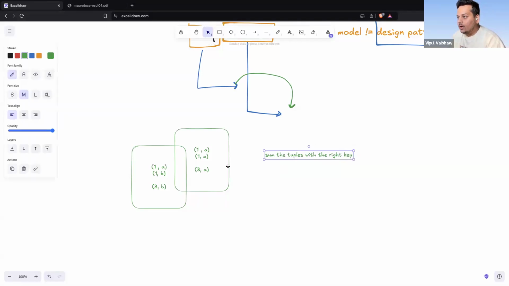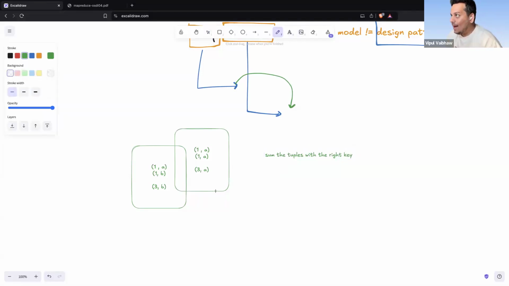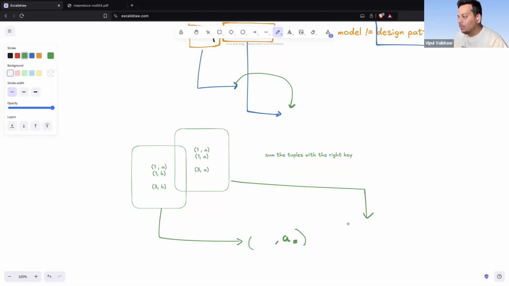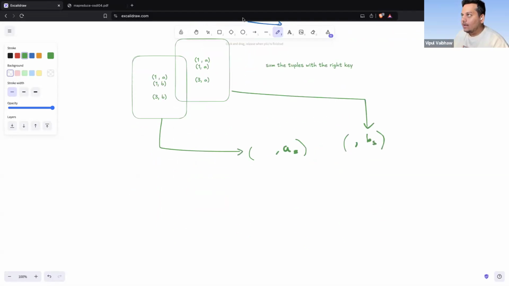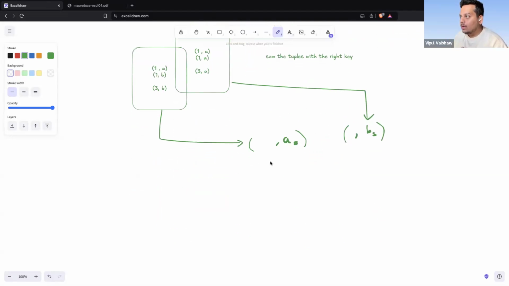In order to do this, I need to first do a map. From this file, I would need to find all the A's, and from the map job, I want to find all the B's. Once I have mapped correctly, then I can simply do a reduce.